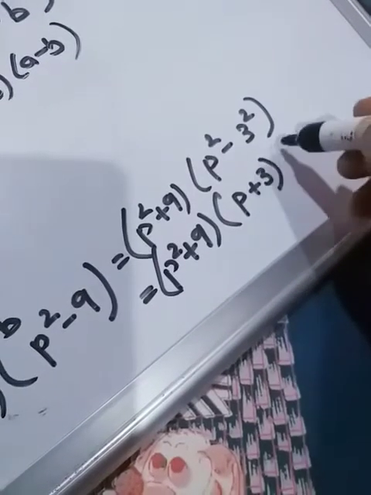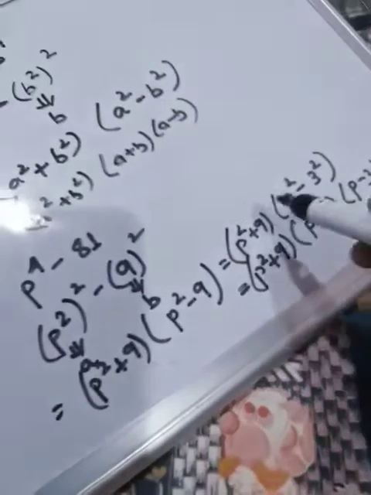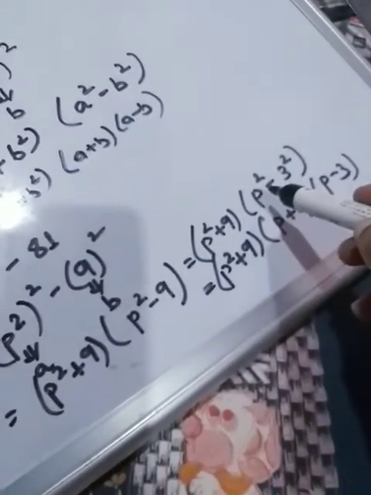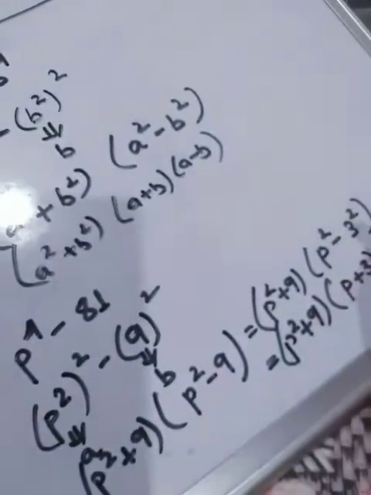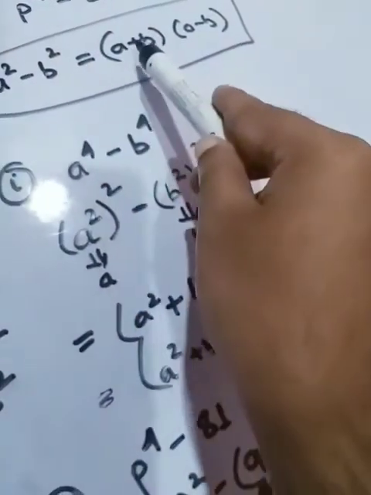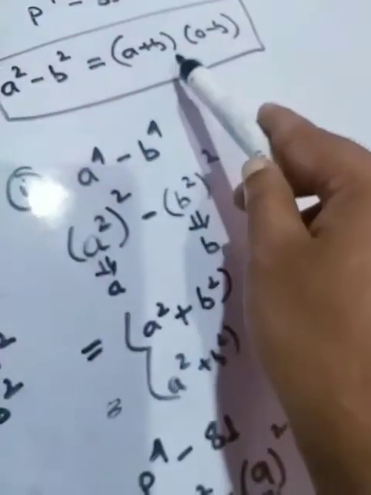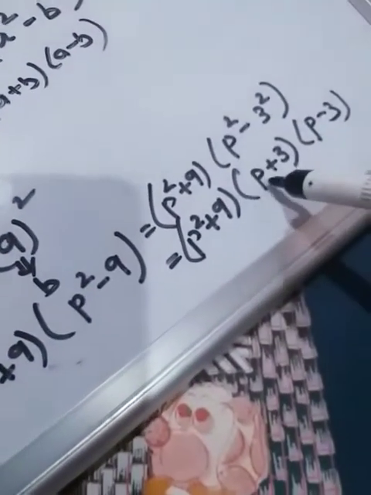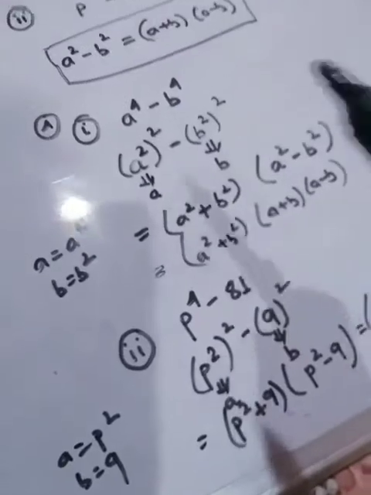So in place of p square minus 3 square, we can write a plus b, a minus b, that is p plus 3 and p minus 3. So this is the final solution of sum number 2 of question number 4.